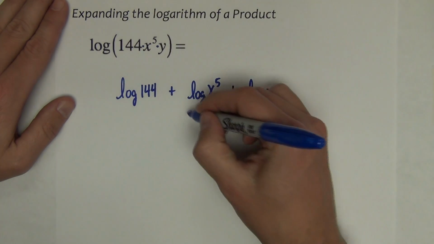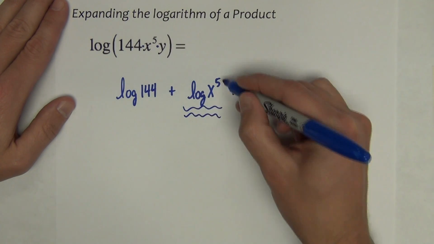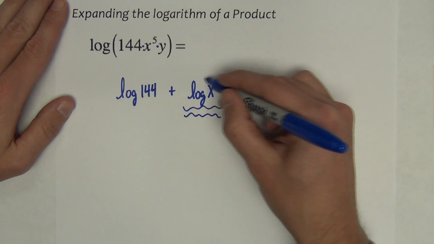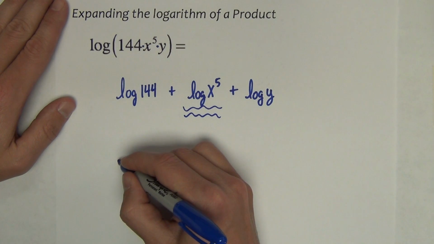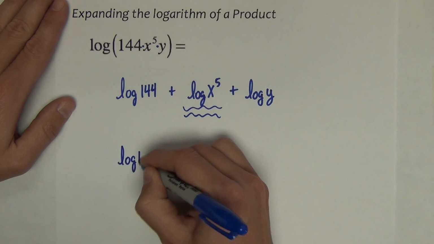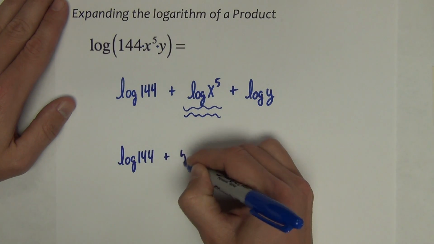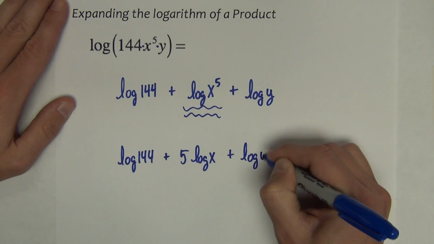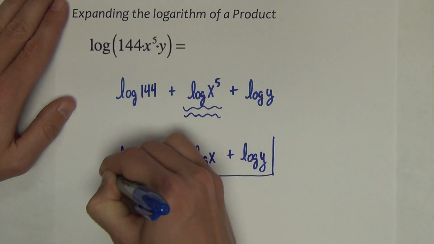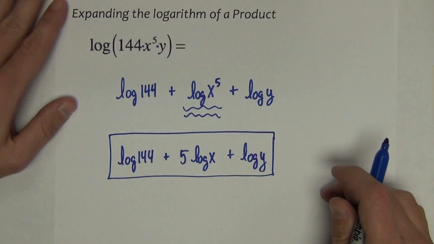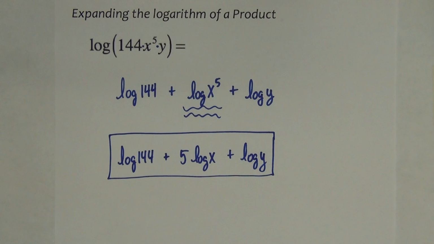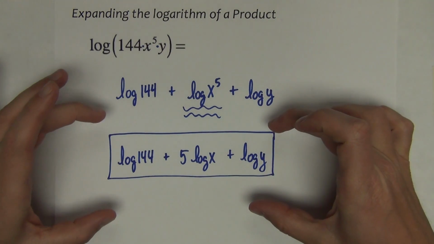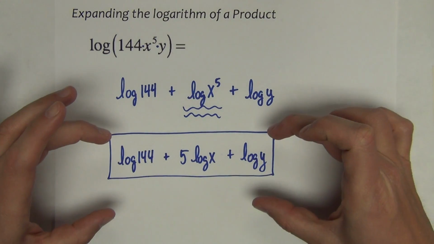Now typically, anytime you see log expressions that deal with exponents, you see those exponents brought out. So you probably see this one finished this way: log 144 plus 5 log x plus log y. Okay, so there's the problem re-expressed as multiple logarithms. It's a very useful skill to be able to do this, especially as you'll find next year when you take calculus.